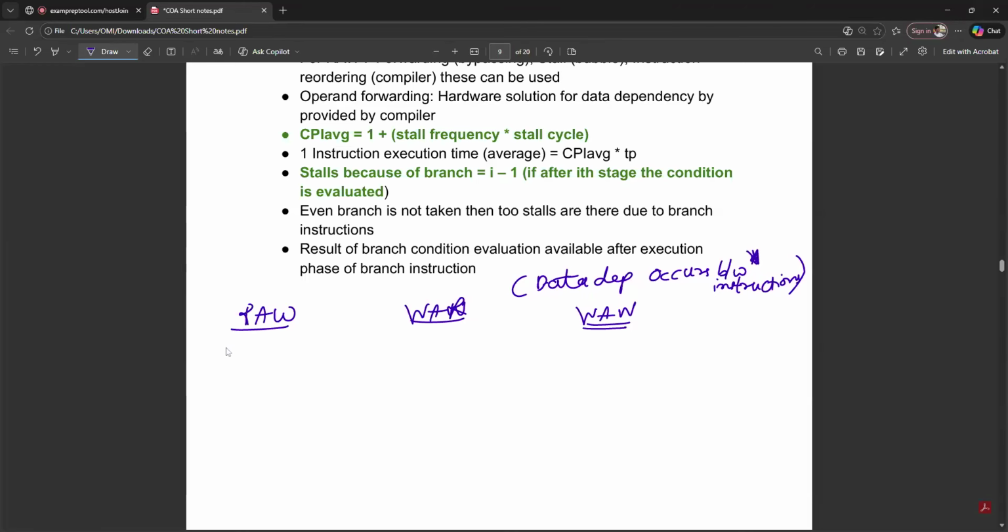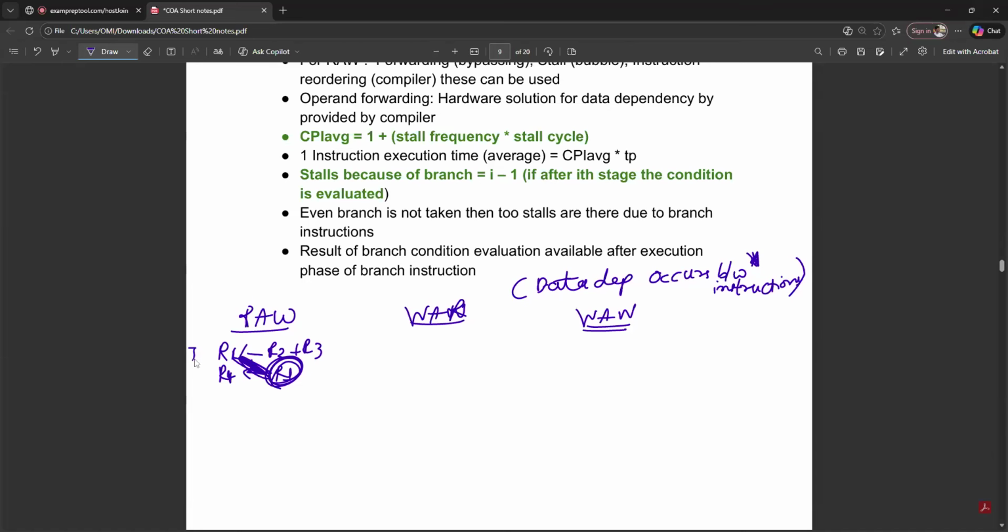So what is read after write? It means you are reading the value after writing it. Let's say I1 is R1 = R2 + R3, and then R4 uses R1. Here you are reading the value of I1 after writing it. So this is the dependency.